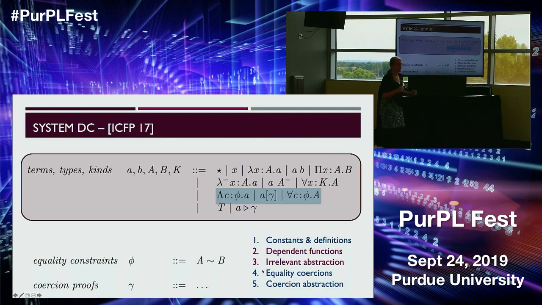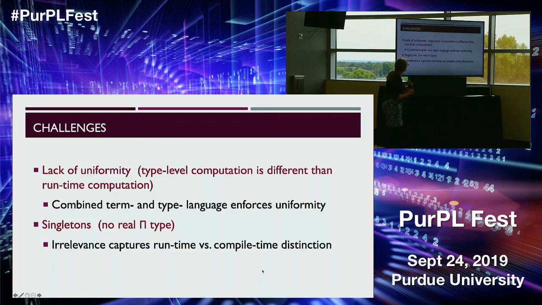Okay, so this simplifies the syntax. What does that mean? That fixes two of those problems I was talking about, like the lack of uniformity. You could see how things could get out of sync if you have one mechanism in syntax for one thing and another mechanism in syntax for another thing.